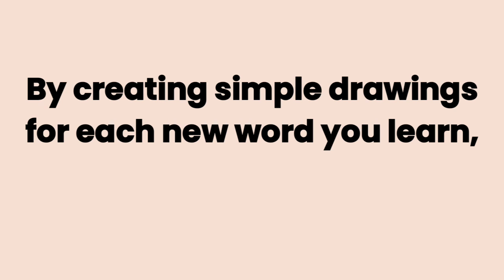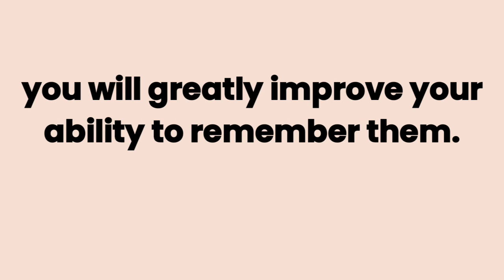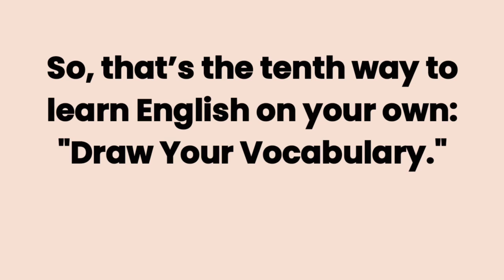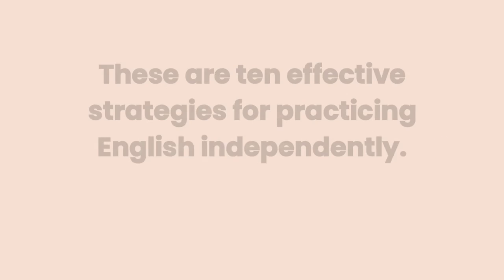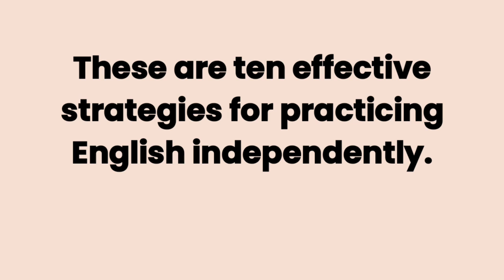By creating simple drawings for each new word you learn, you will greatly improve your ability to remember them. So that's the 10th way to learn English on your own. Draw your vocabulary. These are 10 effective strategies for practicing English independently.